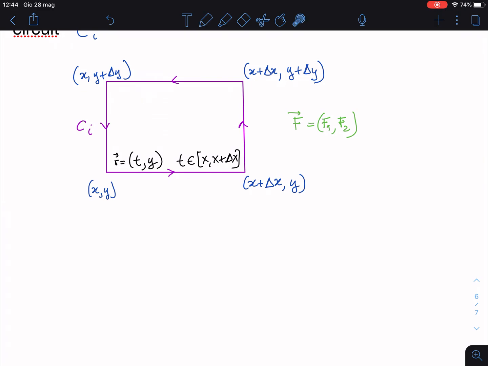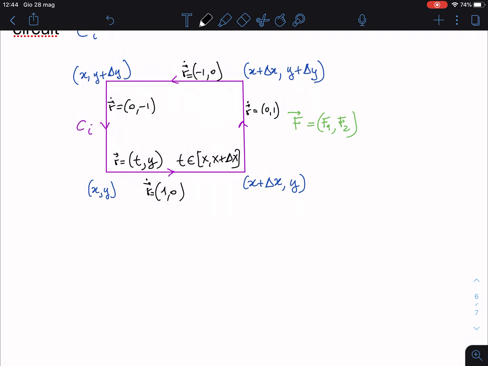And so on and so on. So here you have r dot equal to (1, 0). This is the velocity here. Here the velocity is (0, 1), proceeding in an analogous way. Here it will be (-1, 0), because you're going backwards along the x-axis, and here r dot equal to (0, -1). Very simple.